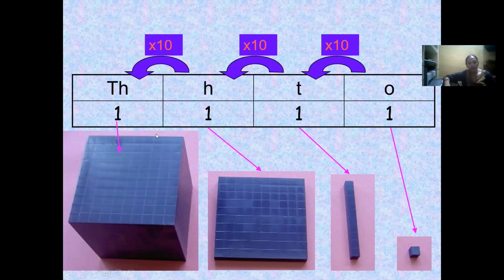Next we have the 1000 place. So here again, when the number at hundreds place is multiplied by 10, you get a digit at 1000 place. So see, we have a plate of 100 cubes, and when 10 such plates of 100 cubes are piled up one upon the other, you get a cube of 1000, right?